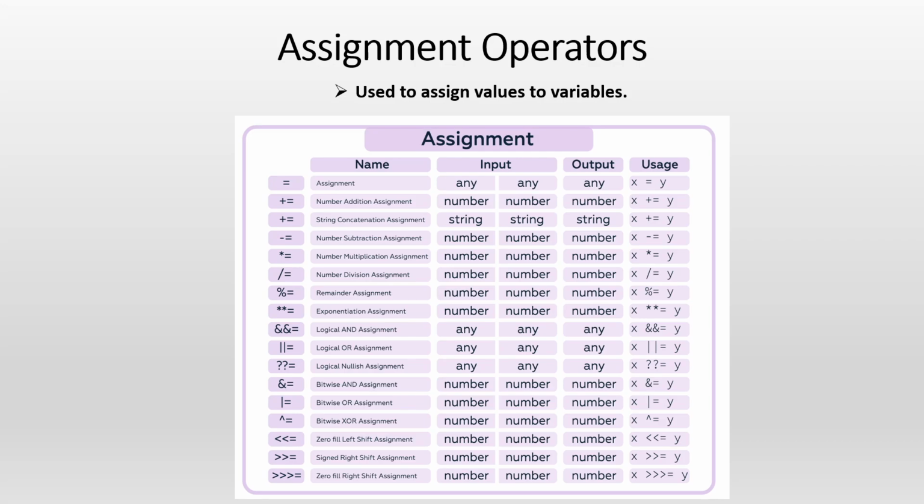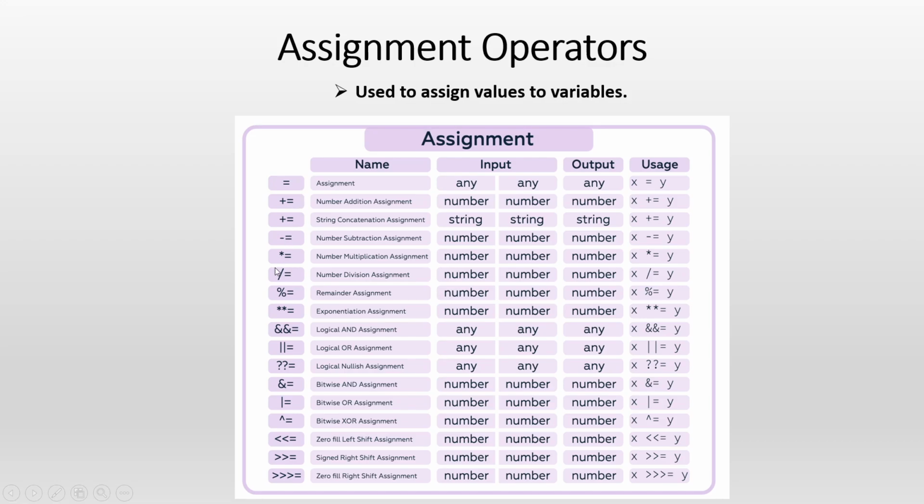So these assignment operators are used to assign values to variables. For example, if you want to create a variable, we use assignment where a is equal to some value, where b is equal to some value.